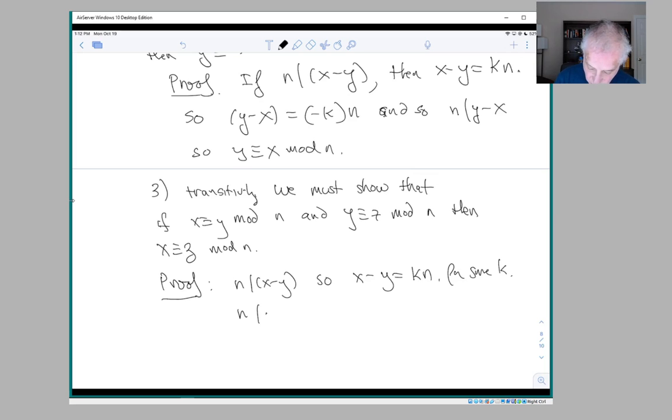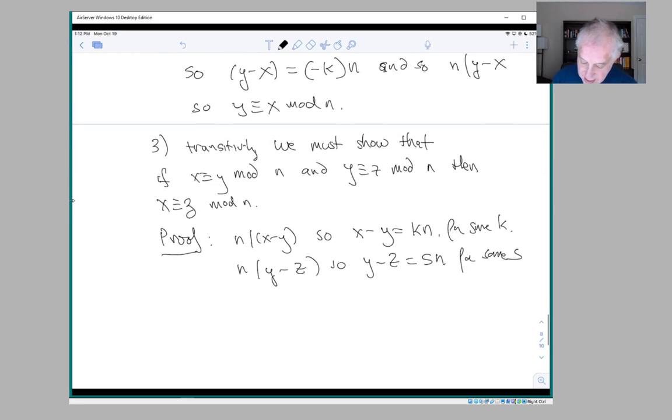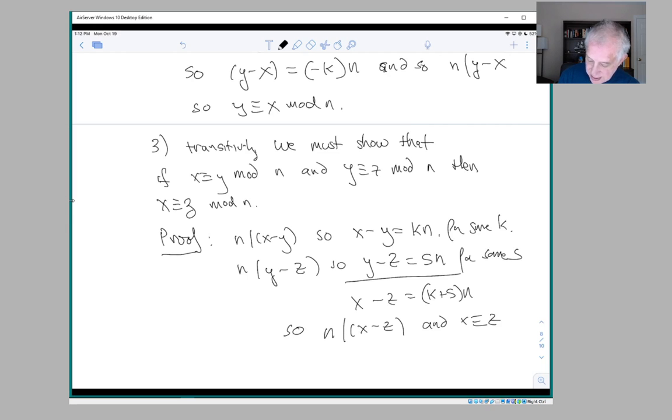And n divides y minus z, so y minus z is s times n for some s. And now if we add these together, we get that x minus z equals k plus s times n. And that tells us that x minus z is a multiple of n. So n divides x minus z, and x is congruent to z mod n.